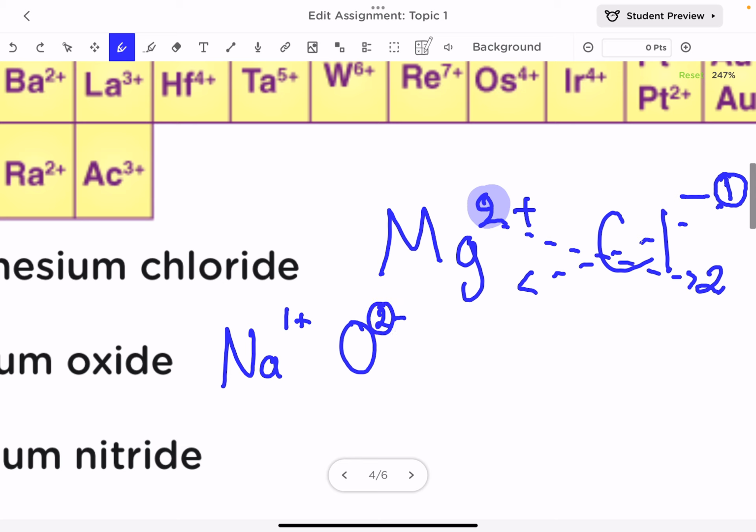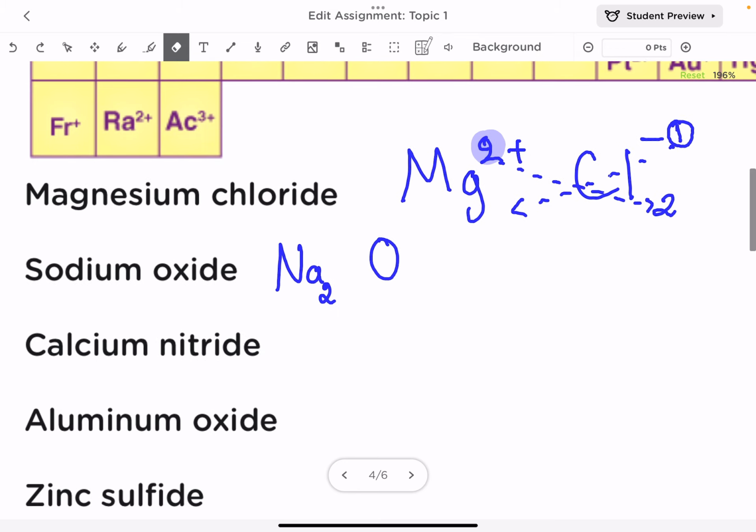Whatever number is written, you remove that number from up and you place it as a subscript at the opposite element. So I remove the 2 from here and I write it next to the Na, but I have to erase the number and the charge. Now, if there is number 1 over here, there is no need to write the 1. All you need to do is just erase the number and the plus.